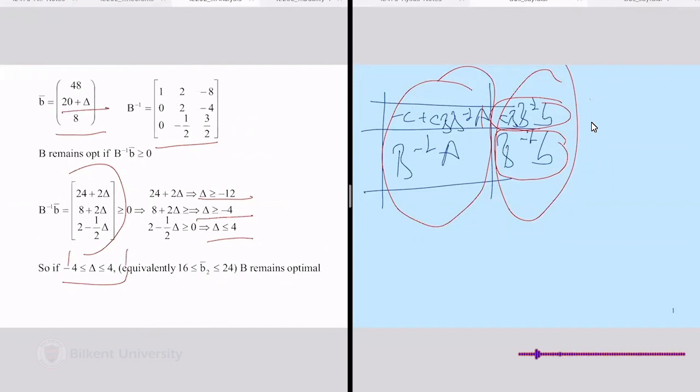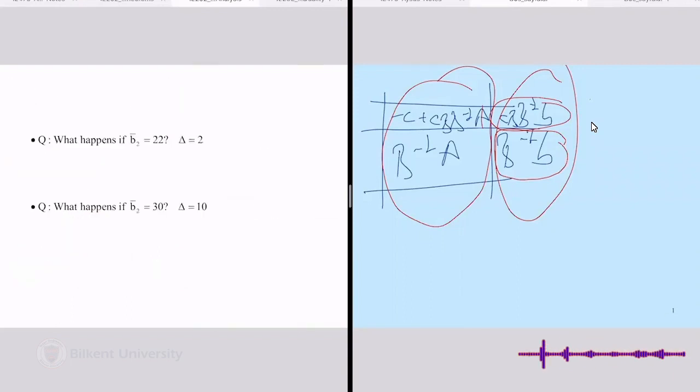So if B2 is between 16 and 24, then my current basis will remain optimal. Be careful, the value of the solution will change because the values are based on 20. If your B2 was 16, your basis will still be optimal, but you will have to update the solution vector.